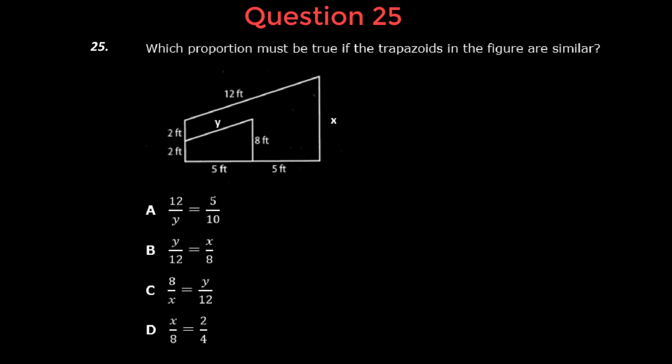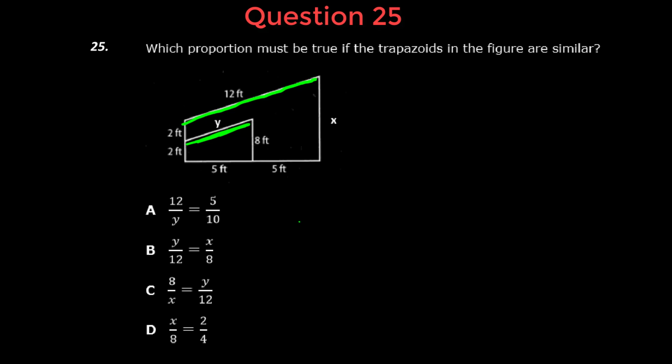Question number 25. Which proportion must be true if the trapezoids in the figure are similar? Looking at all the answer choices, we have x and y on almost all of them. So looking at y, that corresponds to 12 on the bigger trapezoid.